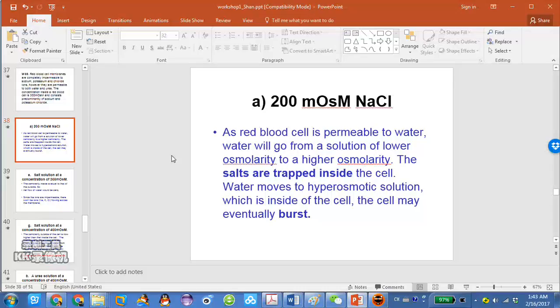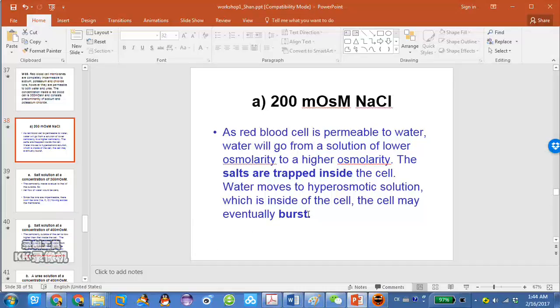If we want to tell which part is hypoosmotic, we simply compare the osmolarity of two sides of a solution. The outside has a lower osmolarity compared to the inside, so we say that the outside solution is hypoosmotic to the inside of the solution.